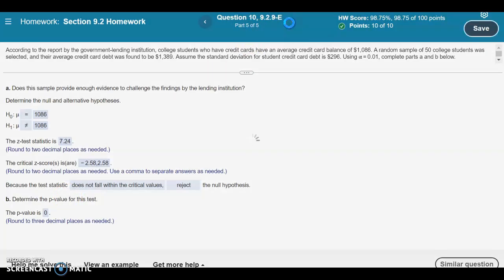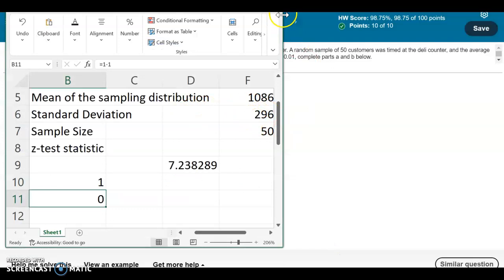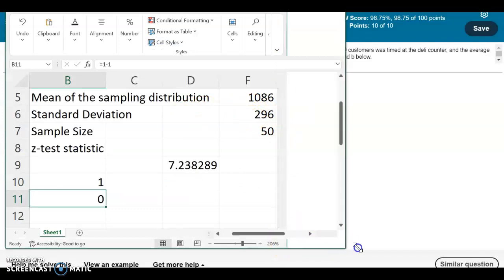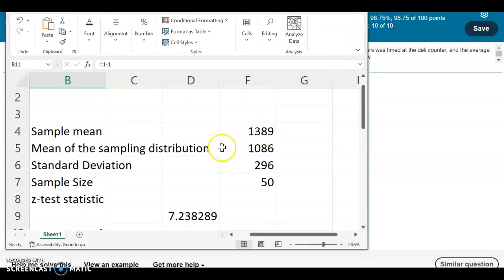So question 10, you would do the same way. This time we have 6, since we already have the formula in, we could just put in 6 here for the mean of our sampling distribution.